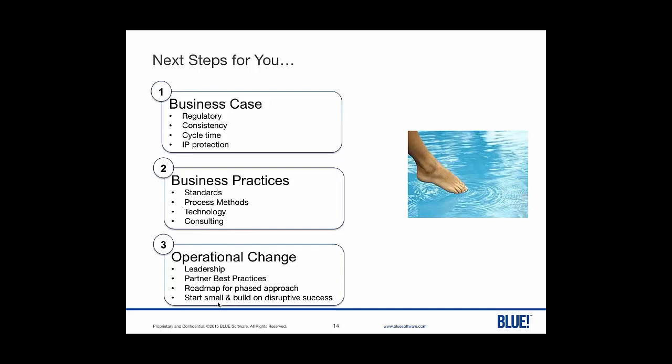There's a number of different ways to approach this type of initiative. We would typically recommend that you start with some small wins and then build on those successes so that you have some learnings along the way and you can introduce it in a more stable way as you move forward. And that's it for me.